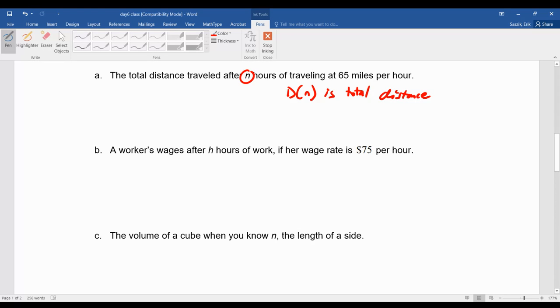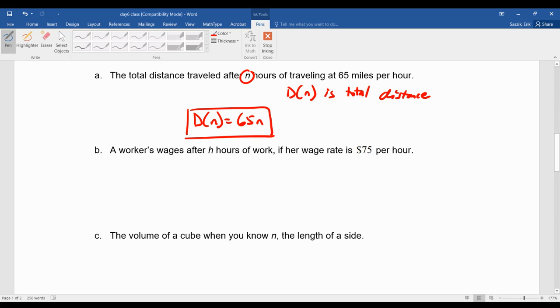Now remember, if I'm driving down the highway at 65 miles an hour with no traffic and I'm on cruise control and nothing changes, in 1 hour, I've gone 65 miles, right? How about in 2 hours? I've gone 130 miles. How'd you get that? You took 65 and multiplied it by the number of hours. So d of n, the total distance traveled, is 65 times n.